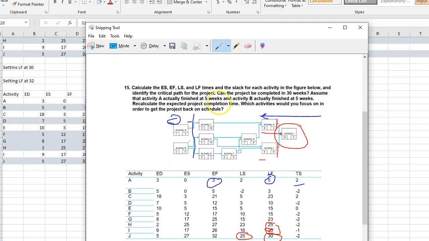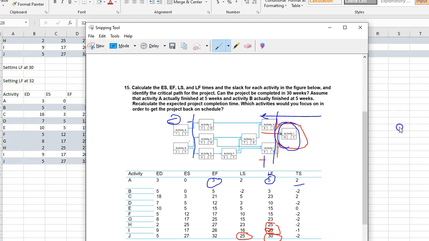There we go. Okay, so our diagram here, so H and I both have the same dependencies. In other words, they're going to start at the same time here because J is dependent on them. So J, we know that they're going to have the same point in time right here.